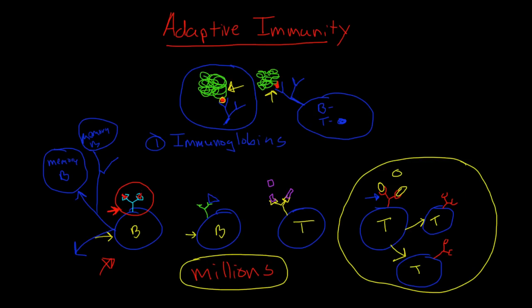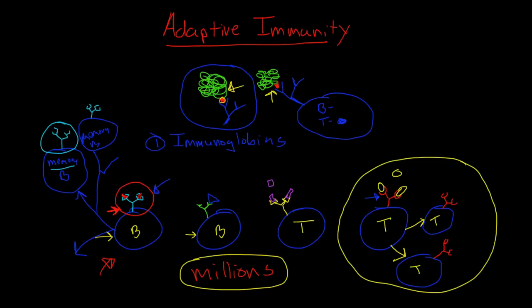So that way, instead of there only being 1,000 or so cells with a specific antibody on them, now there will be maybe hundreds of thousands or millions of cells. So the next time the body sees this specific pathogen with this specific protein, it will respond much, much quicker because you're starting out with a much bigger base of cells that have this antibody.